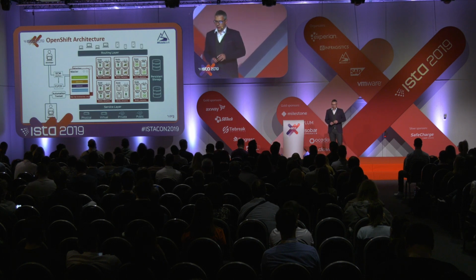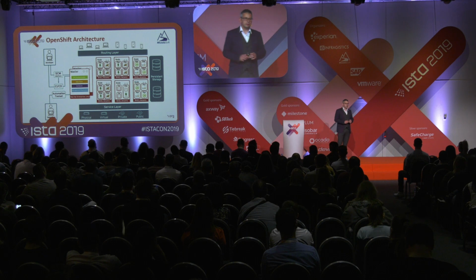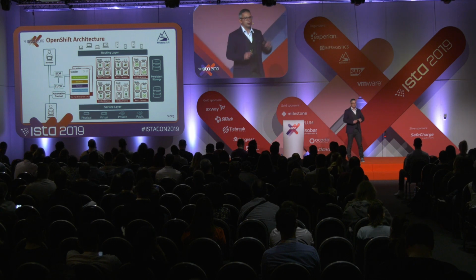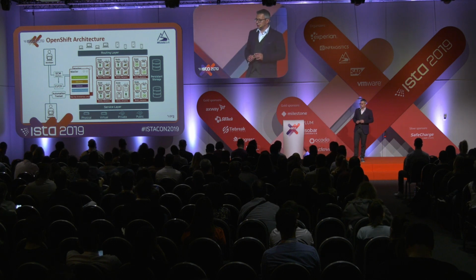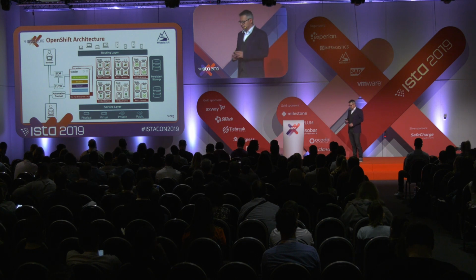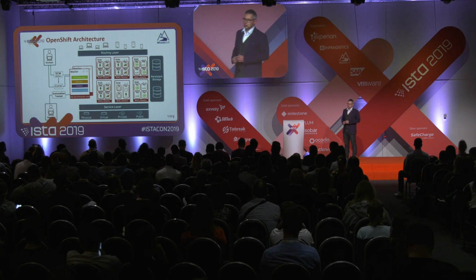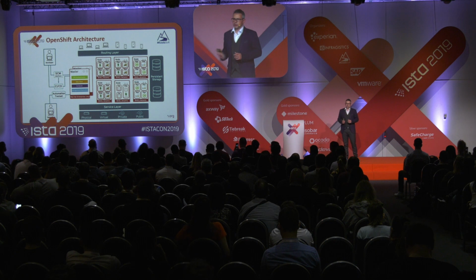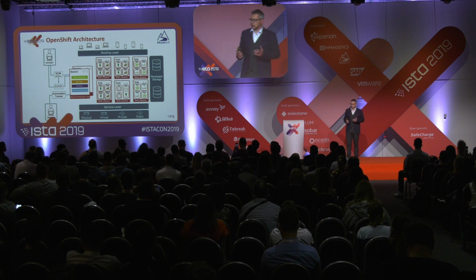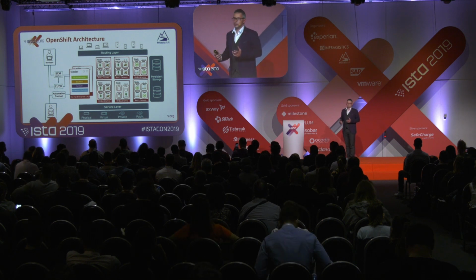So we talked about the platform itself, and now it's a bit of a high-level overview of the platform. We have the 2 main components of the platform, which are the master nodes, very similar to what Kubernetes has, and the application nodes. The master nodes are the ones that are responsible for scheduling and management of our platform.